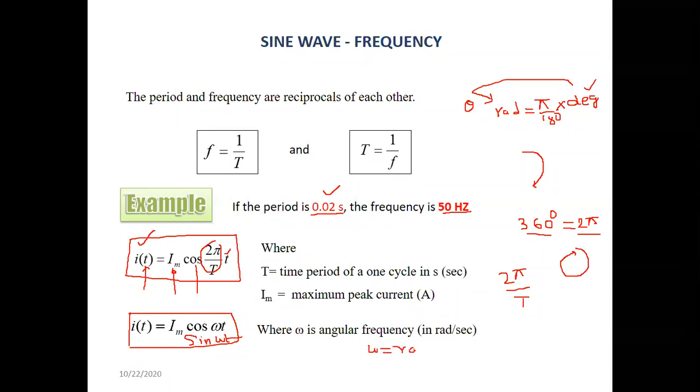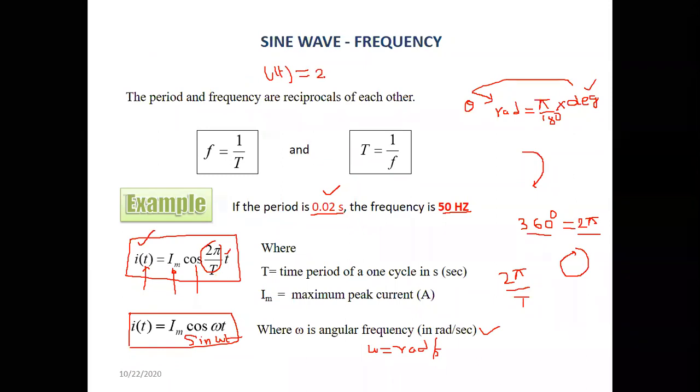How many radians is it completing per second? So a sinusoidal waveform, how will we represent it? If I say v(t) is equal to 20 sin 314t, what is 20?